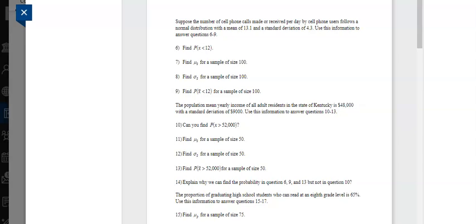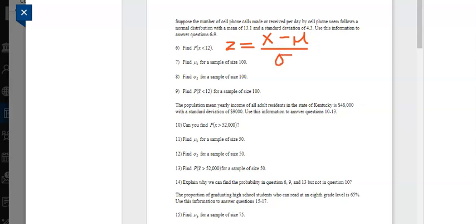X bar is less than 12 is going to use the formula that you used on the homework that you sent me. But just x, we want to use our basic z formula, which let's just recall that was x minus mu over the standard deviation.